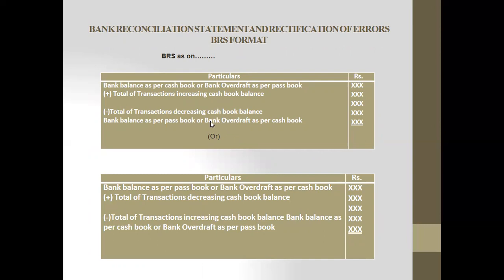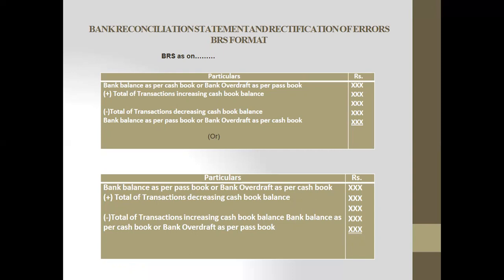In the first format, we start with the bank balance as per cash book or bank overdraft as per passbook. Then we add the total of transactions increasing the cash book balance, and from this total we subtract the total of transactions decreasing the cash book balance. The balance we get is called the bank balance as per passbook or bank overdraft as per cash book.